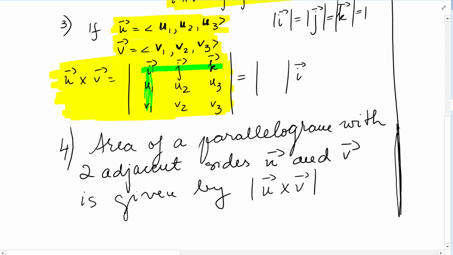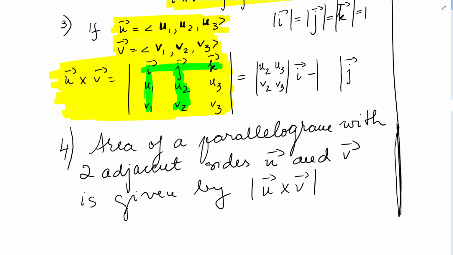What is left is a 2 by 2 determinant, u2, u3, v2, v3. Then minus the determinant that we obtain by crossing out the row and column of j, so we are left with u1, u3, v1, v3.